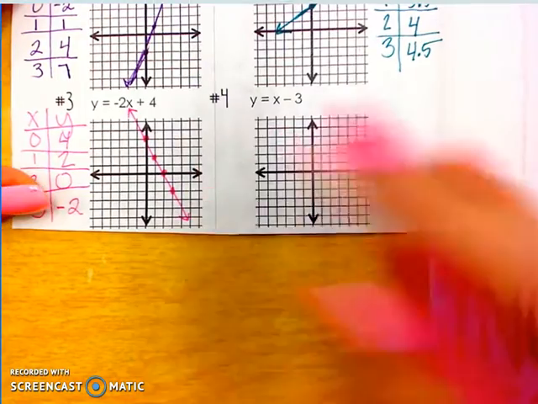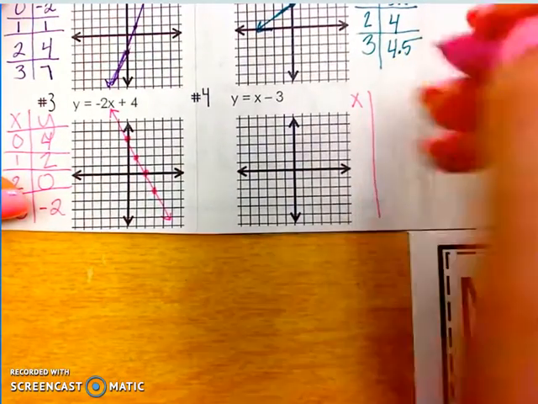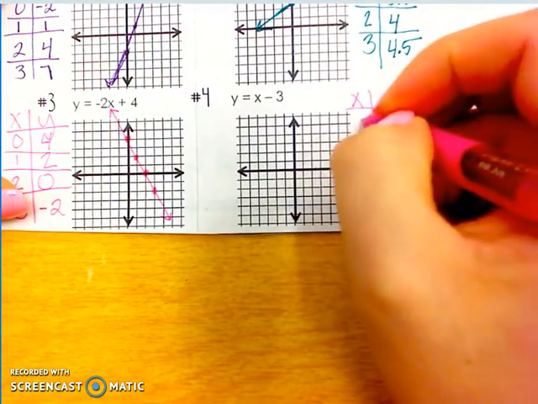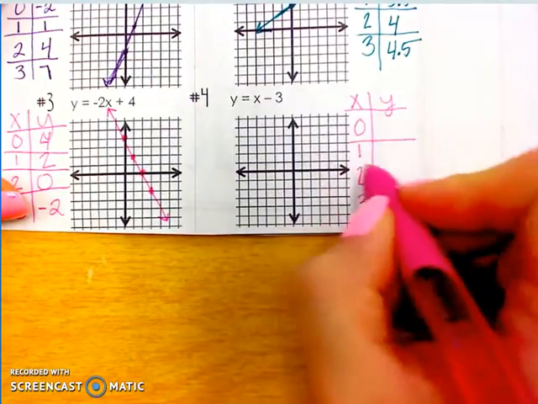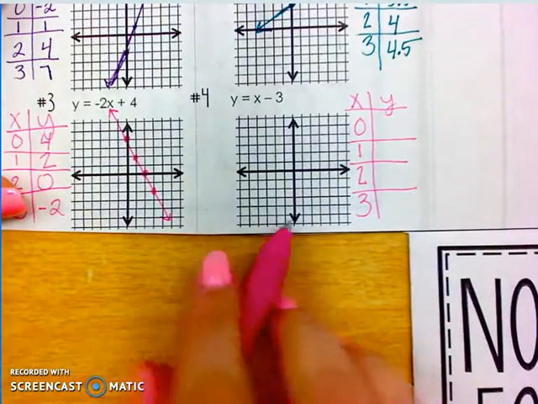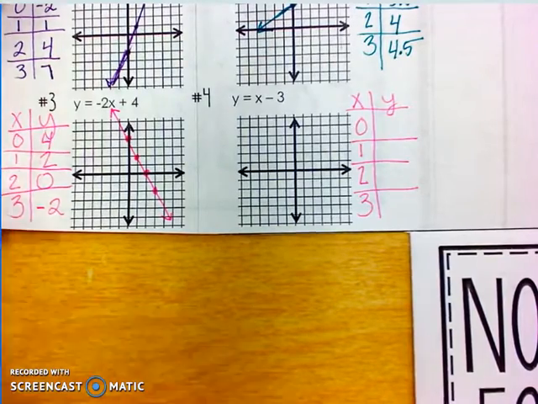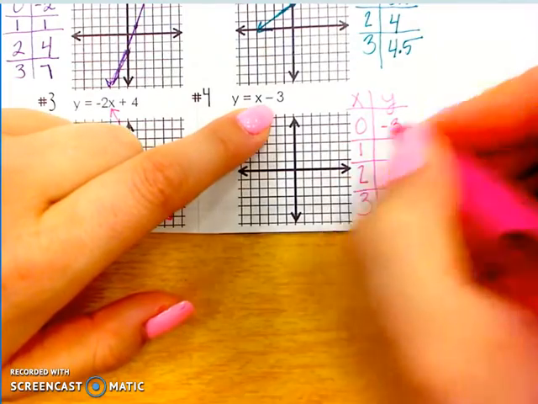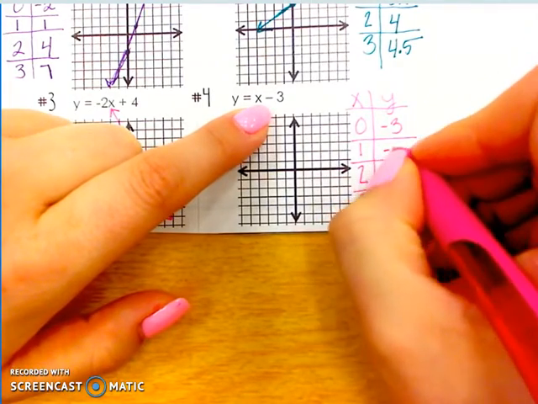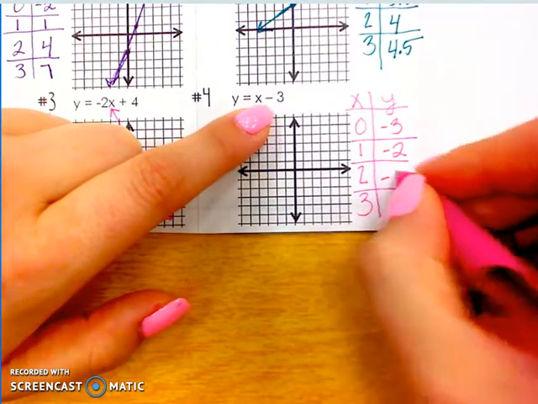And then we have our last problem. You can pause the video and try this one. Your x values, you can make them up. We're just going to keep them consistent. We want to make sure we can see all the points on the graph. So I'm going to plug in 0 minus 3, it's negative 3. 1 minus 3, negative 2. 2 minus 3, negative 1.